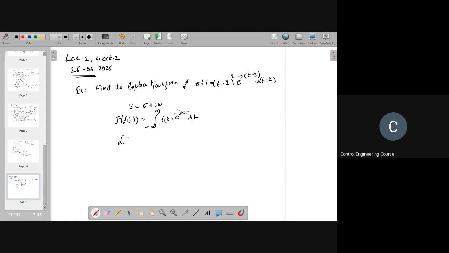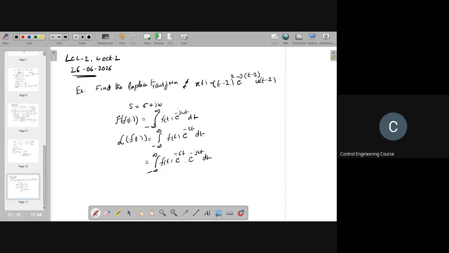Whereas the Laplace transform of f of t is the integral from minus infinity to infinity of f of t e to the power of minus st dt. That means the integral of f of t e to the power of minus sigma t into e to the power of minus j omega t dt, right?